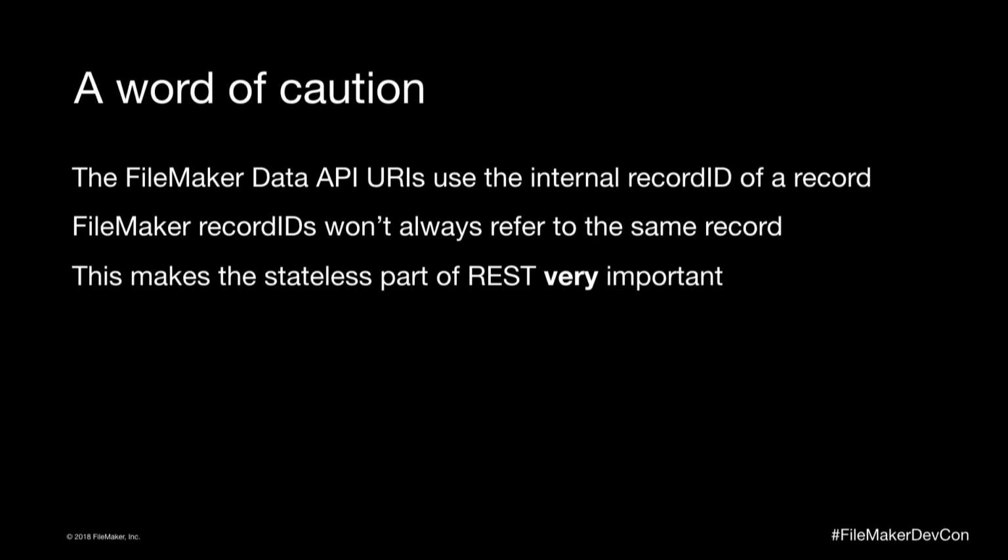Basically, that makes the stateless part of REST really important. What it means is that you want to make sure that the other side that's pulling data from FileMaker isn't storing those record IDs. Because for argument's sake, if you are updating your system by importing data, then those record IDs can change.